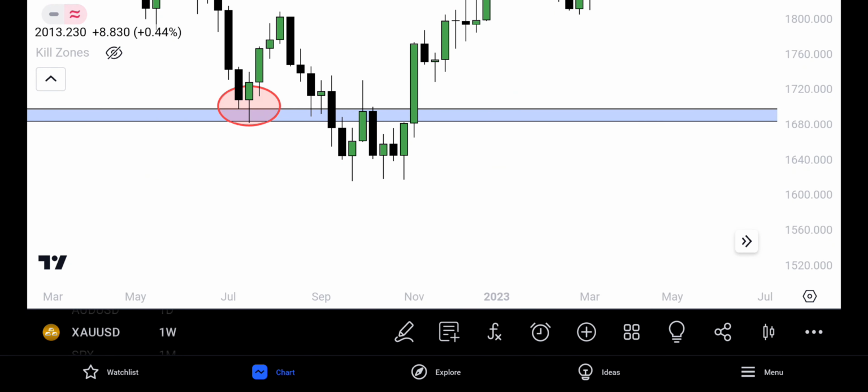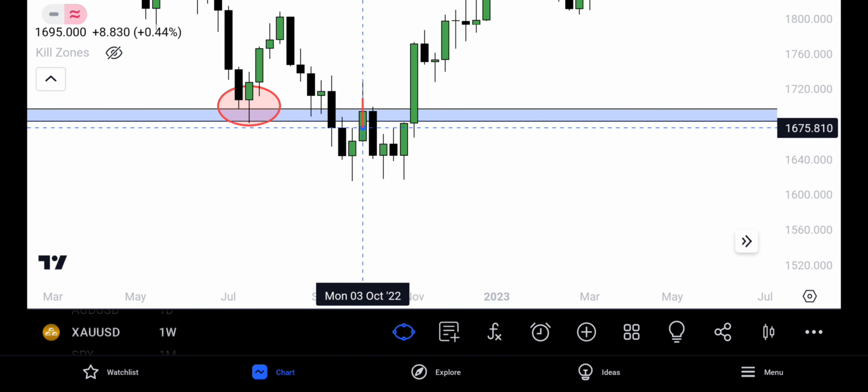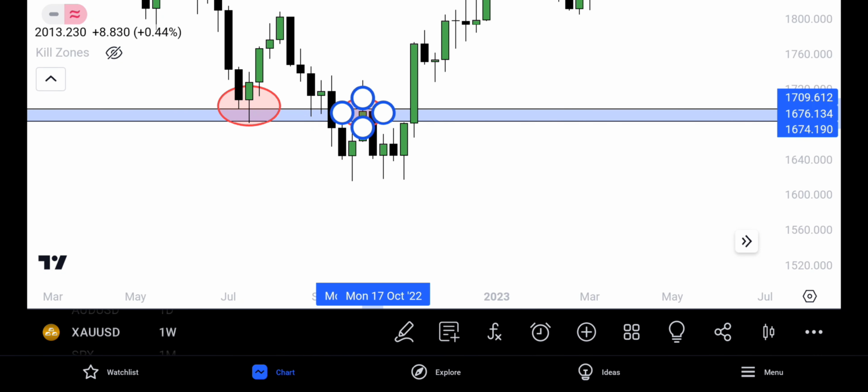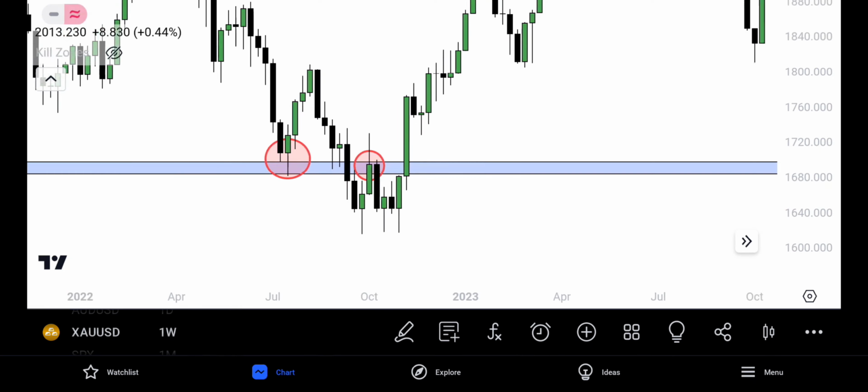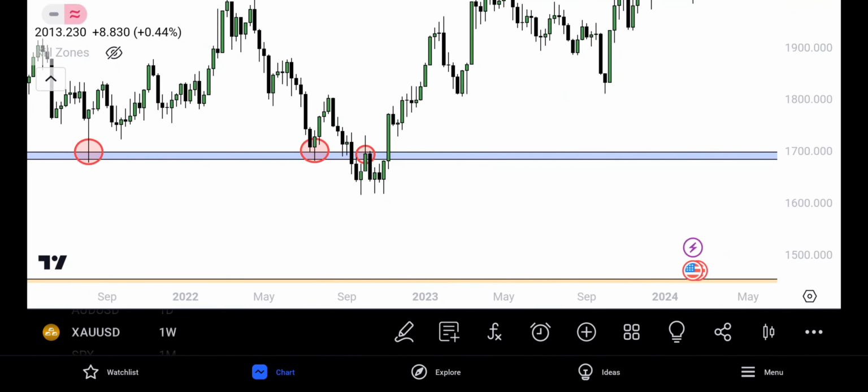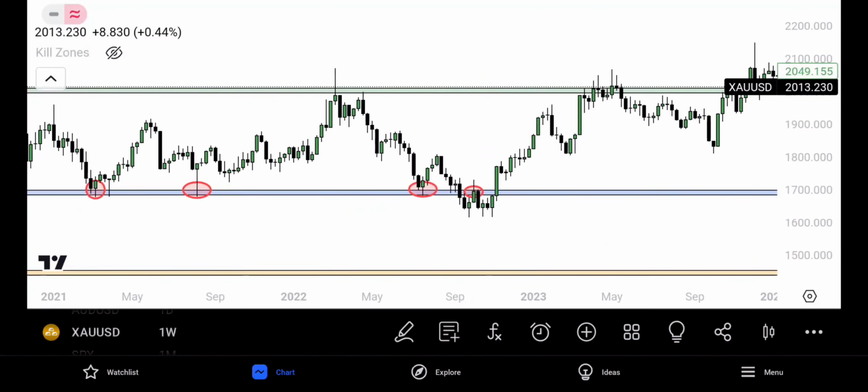And you can also see another touch here. This one tapped and moved down a little before moving up. And that's for the blue zone.